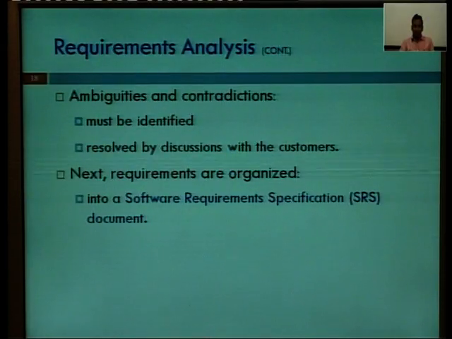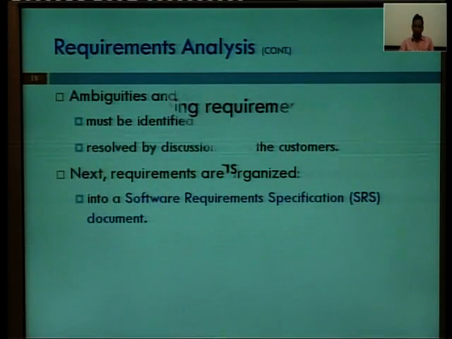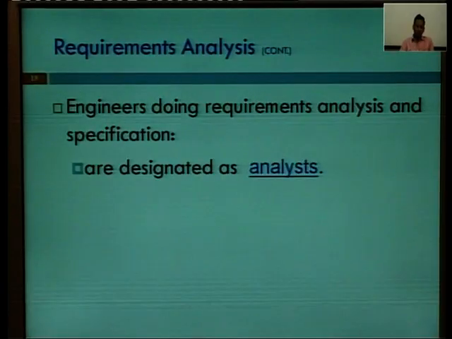The SRS document specifies all the requirements of the customer for this particular software, and these requirements are complete and consistent after resolving the ambiguity and contradiction between the different requirements specified by the customer.